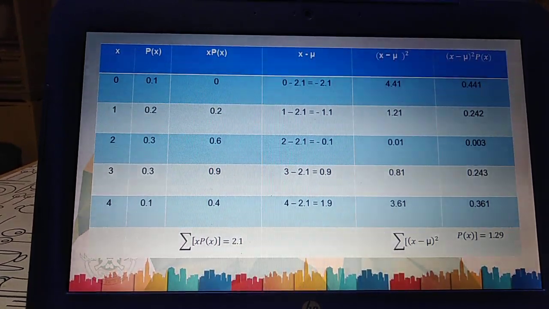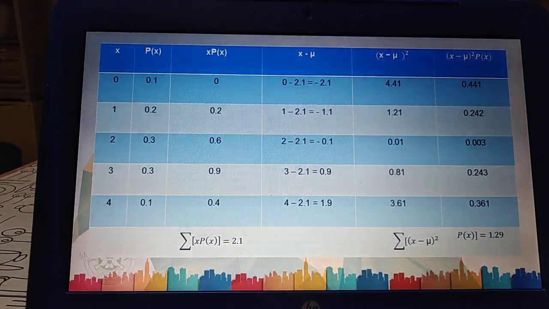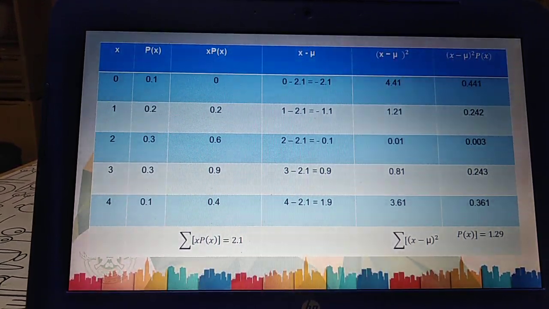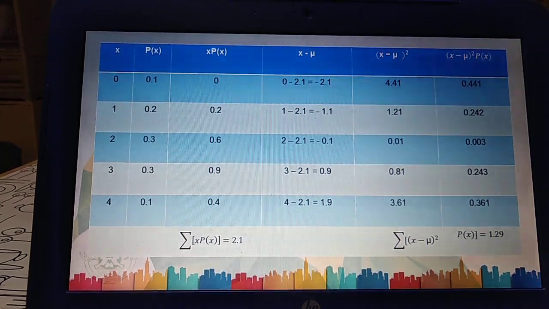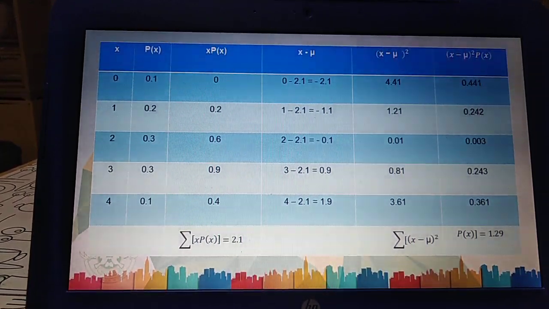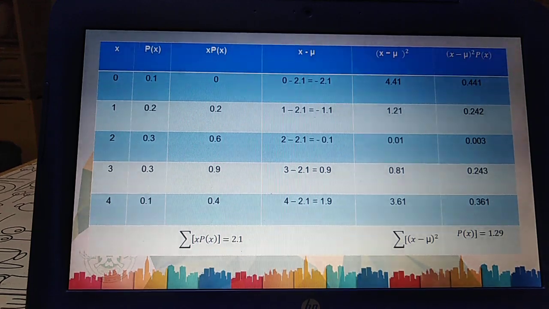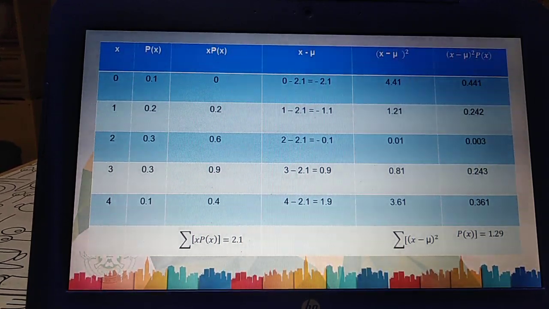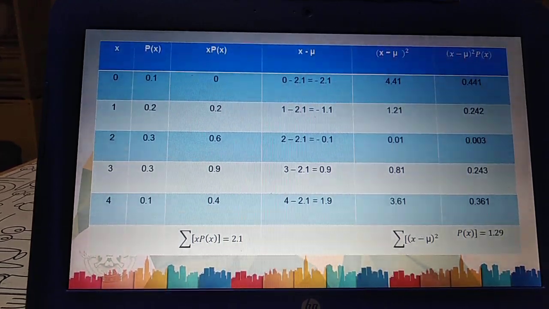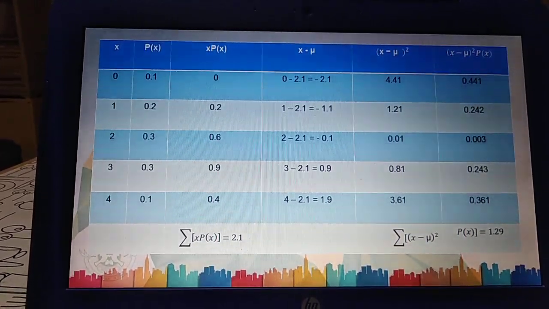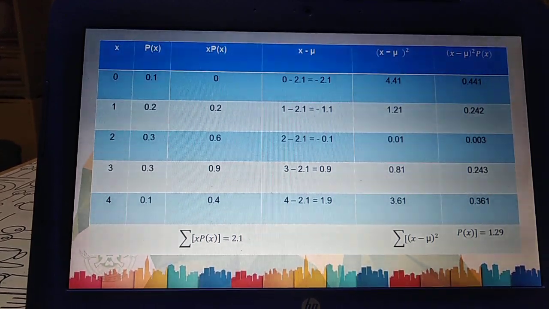So 0 times 0.1 is 0. If the random variable is 1, we multiply it by 0.2, we get 0.2. If the random variable is 2, we multiply it by its probability of 0.3, we get 0.6. If the random variable is 3, we multiply it with its probability of 0.3 and we get 0.9. Fourth, if the random variable is 4, then we multiply it with its probability, which is 0.1, we get 0.4.